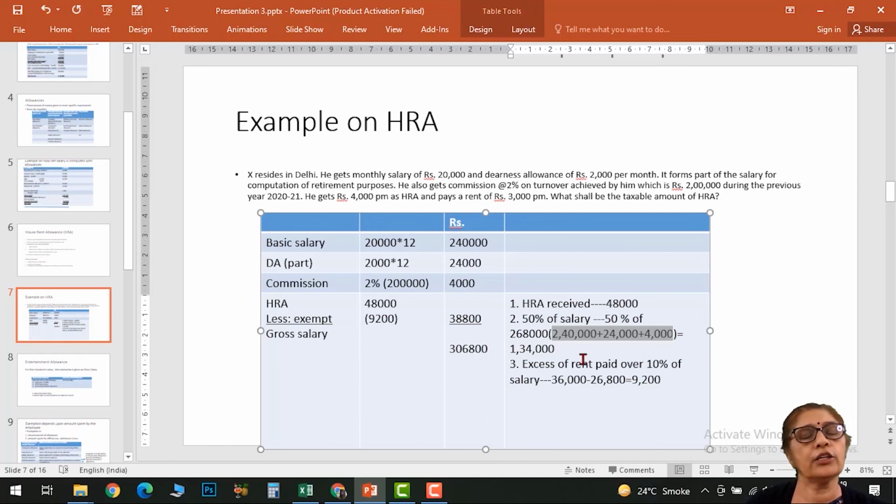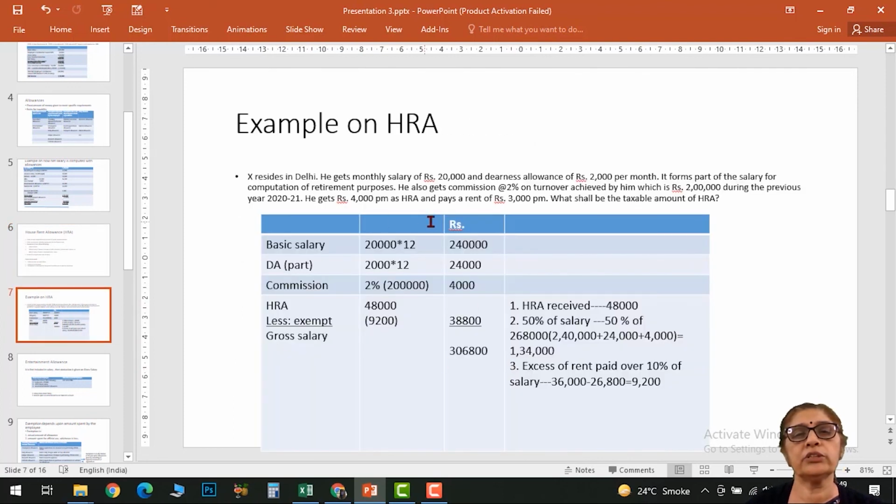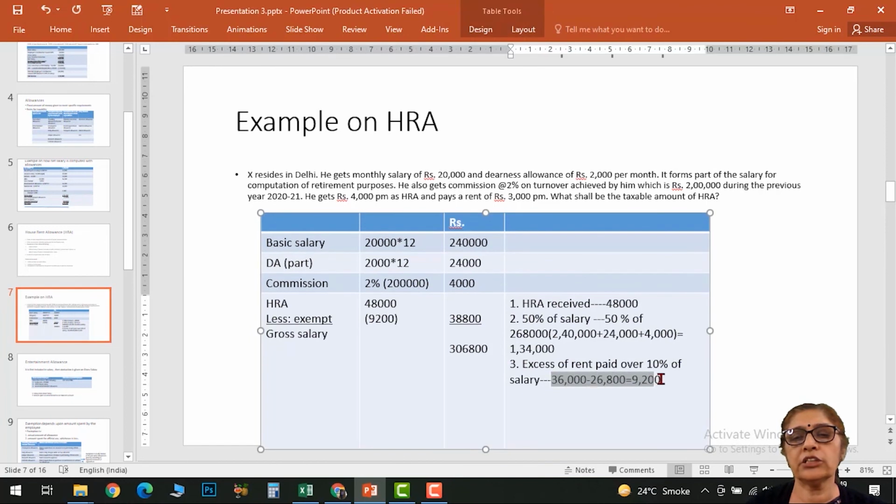Second 1,34,000. And third is rent paid minus 10% of salary. So rent paid is how much? 3,000, it's 36,000. And 10% of salary, which salary? Same, 2,68,000. So 10% is 26,800. So 36,000 minus 26,800 is 9,200.